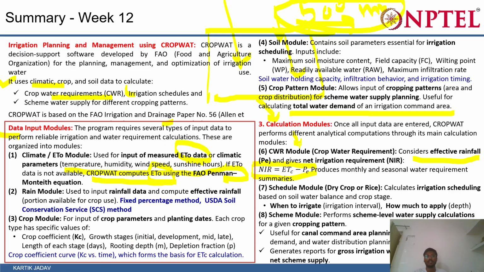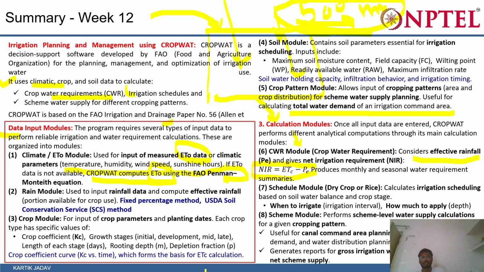So whatever crop evapotranspiration happens for sugarcane or rice is much greater than this 500. It means you need to supply the requirement of this crop by providing extra irrigation through certain irrigation methods. That is known as net irrigation requirement, so that produces monthly or seasonal water requirement summaries.